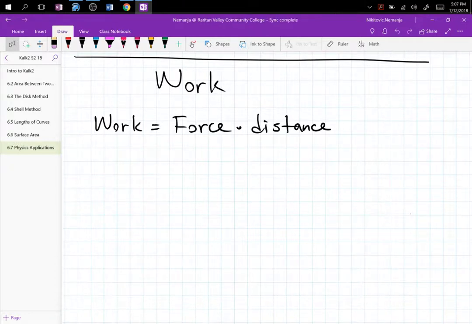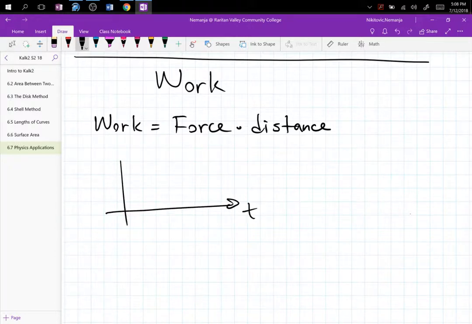Same thing if you're trying to push an object. If you want to push anything, you don't get to just start pushing at 100 newtons. There is this initial contact, and the force gradually increases from 0 to 100. So your graph in time, as you are applying force F, you start with 0, it rapidly rises, let's say, to 100 newtons.